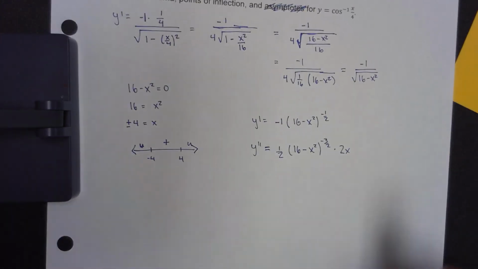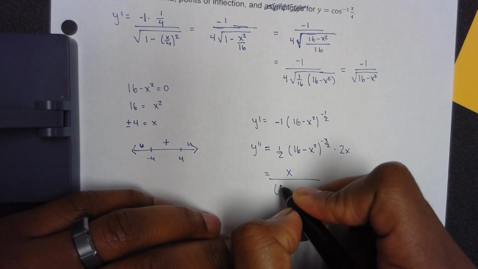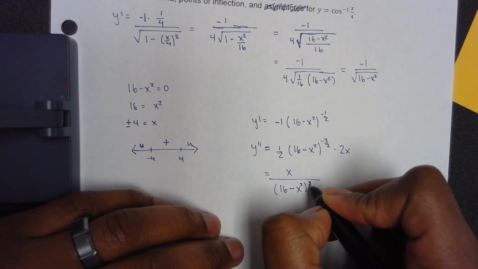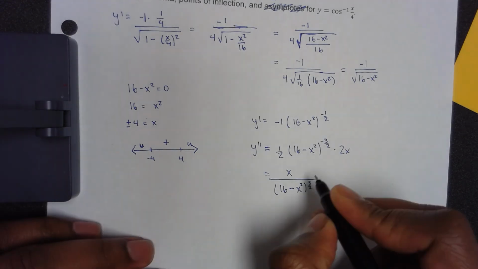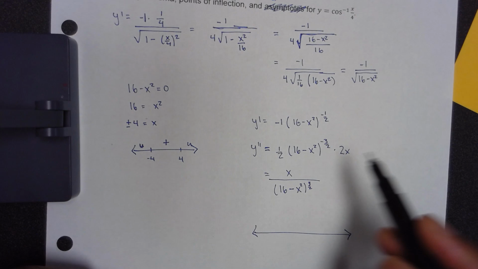So simplifying, we get x over 16 minus x squared to the 3/2. So we picked up an additional critical value of 0.